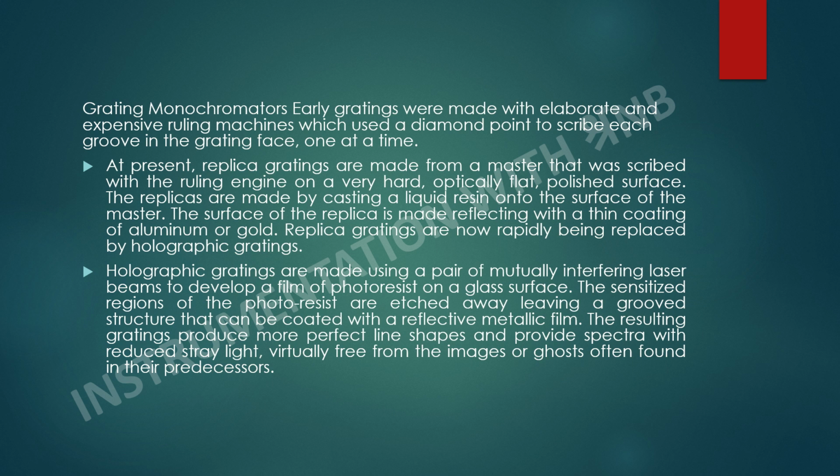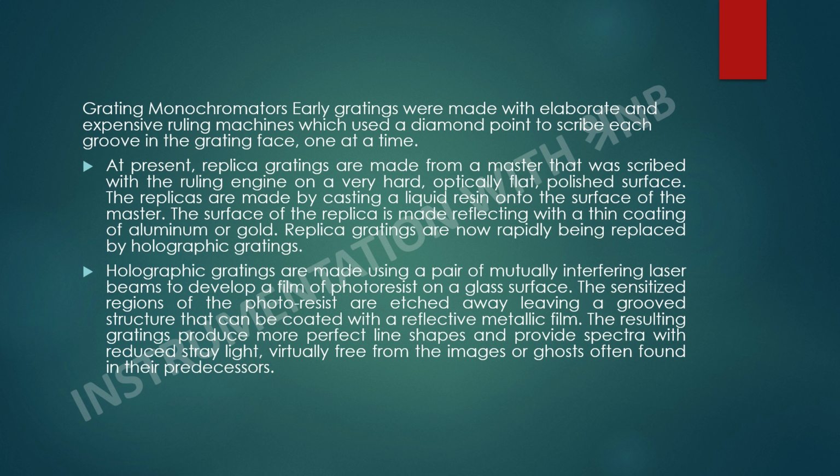But these replica gratings are replaced by holographic gratings, in which we use a pair of mutually interfering laser beams to develop a film of photoresist on a glass surface. The photoresist is cut into grooved structures and is coated with a reflective metallic film.